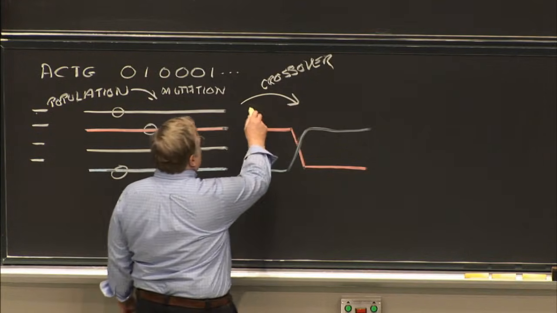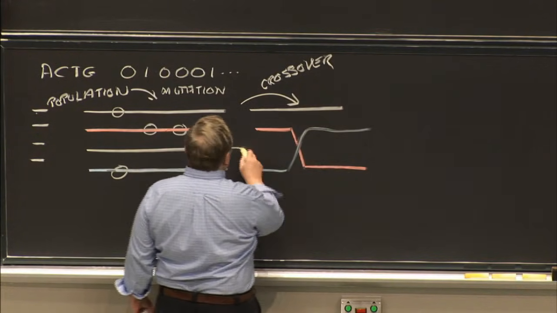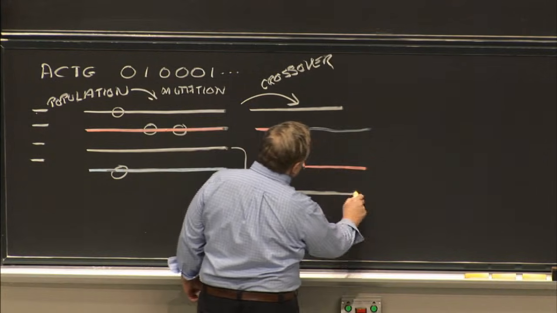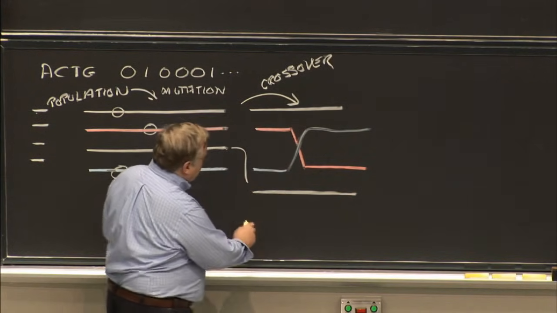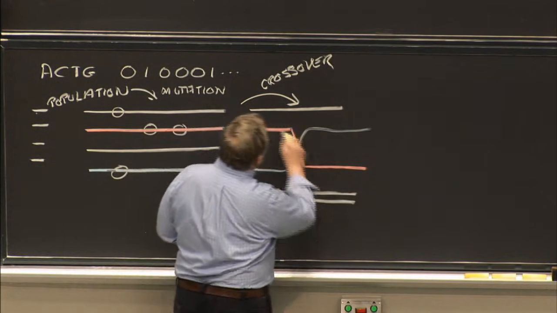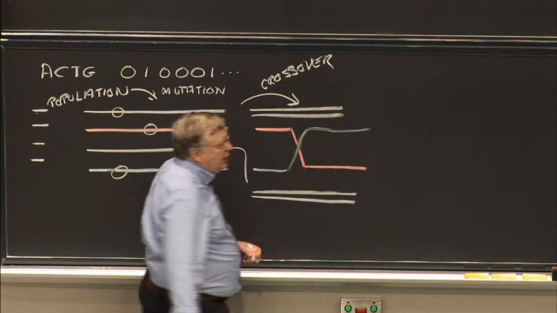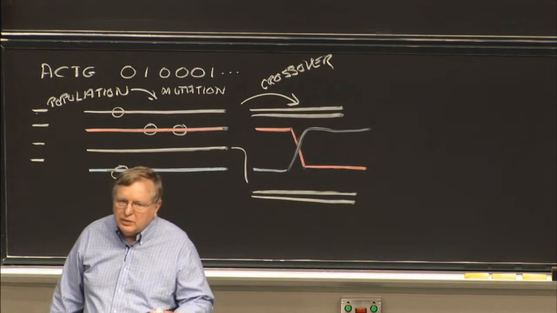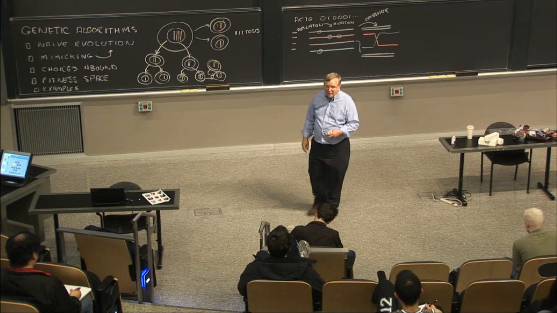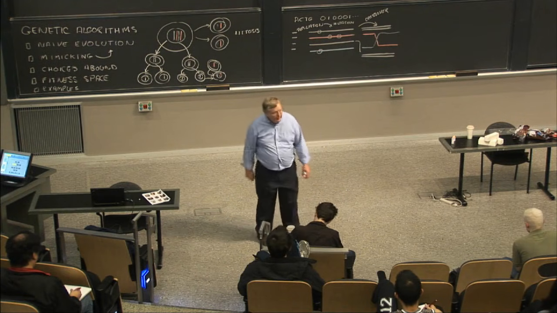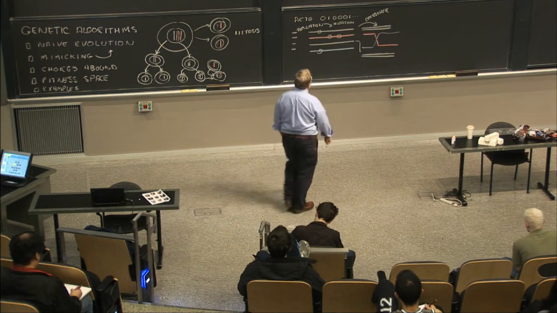And some may slip by without any of that, like so. Well, these things are meant to be combined in pairs like so, but they may not have any crossover in them. So yet another set of choices. How many crossovers do you allow per recombination? Yet another set of choices.